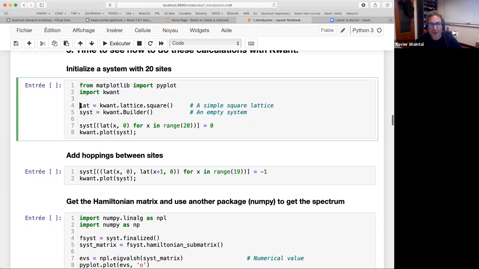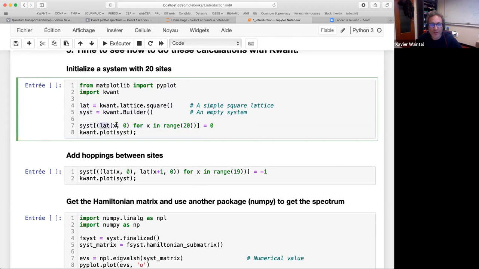And the first thing that we create is a very simple lattice, a square lattice. And we will see later examples where we use other kinds of lattice, like honeycomb for graphene or things like that. And we also create a builder, which is essentially an empty system. And this is a magic line where a lot of things are done. I create sites.